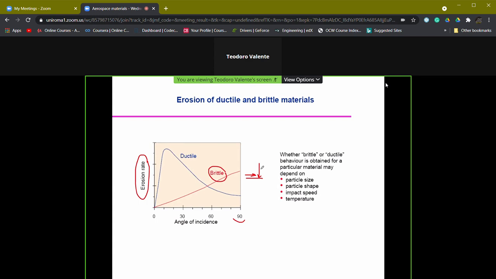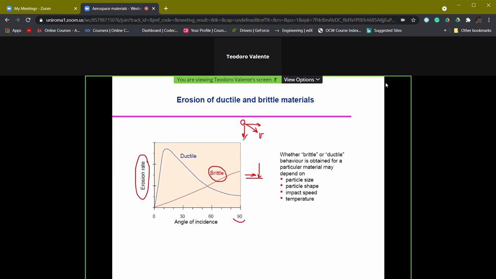And this can be explained quite easily, because if we have our particle moving in this direction, that is with a velocity vector which has two components, a normal component and a tangential component with respect to the surface, obviously the tangential part of velocity does not have any effect on materials consumption. What gives effects of material consumption by impact and related phenomena is the normal component of the velocity.